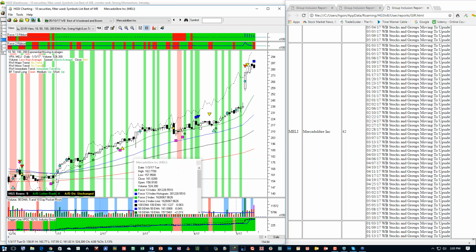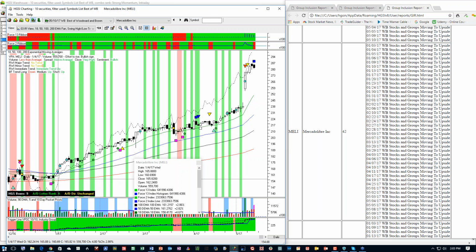But this is the day that appeared. There was no VPA flag that day, but on the following day and the day after that, there were 2 efforts to rise, which means the bulls are getting into these stocks at this point, and that's confirmed with the pocket pivots and all the other indicators that I pointed out.